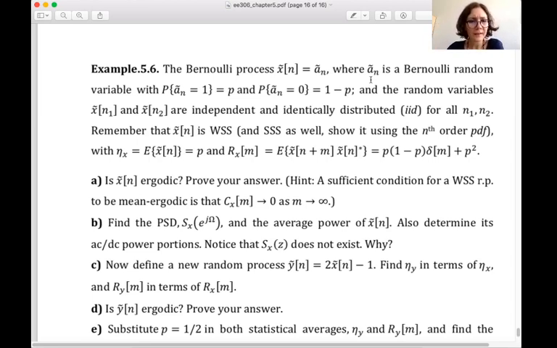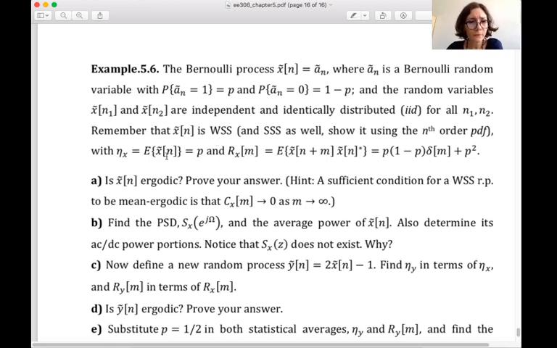So I guess in a previous exercise in class, we showed that the Bernoulli processes are not only wide sense stationary, but they're also strict sense stationary. Actually, we showed that they were n order stationary for each n, so it followed that they are strict sense stationary.